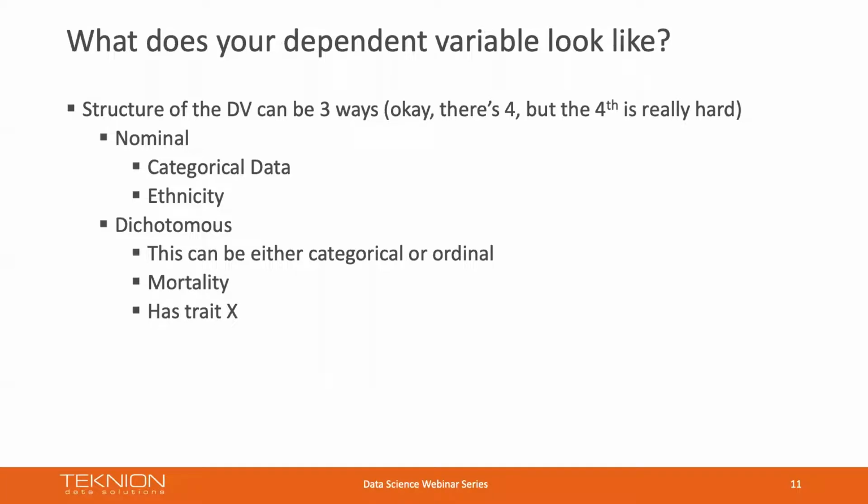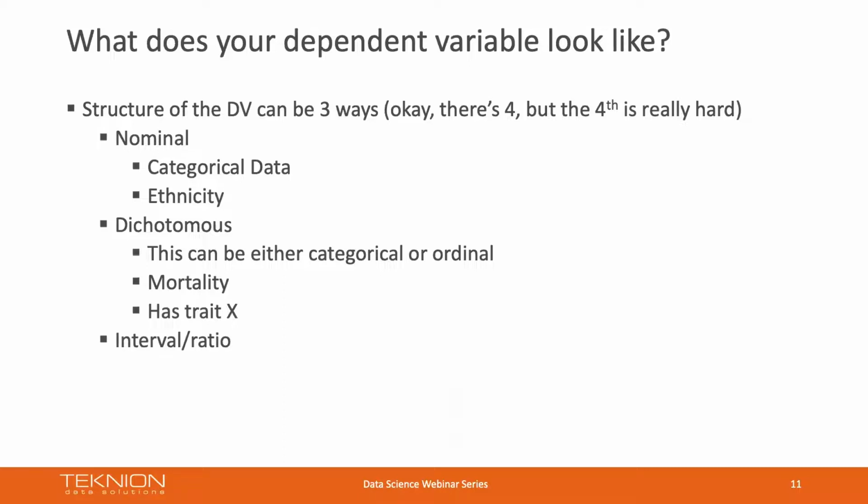Like dichotomous could be predicting whether or not someone has blonde hair, or blue eyes, or sunburns easily, or whether or not a cancer is present based on a whole bunch of signals coming in from other variables.